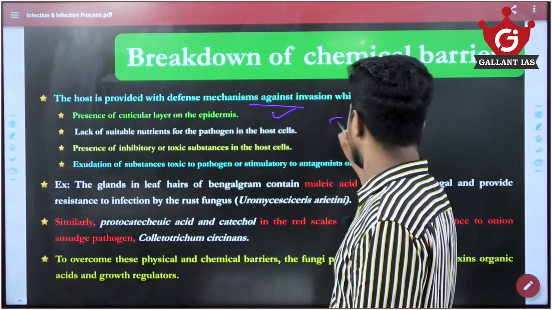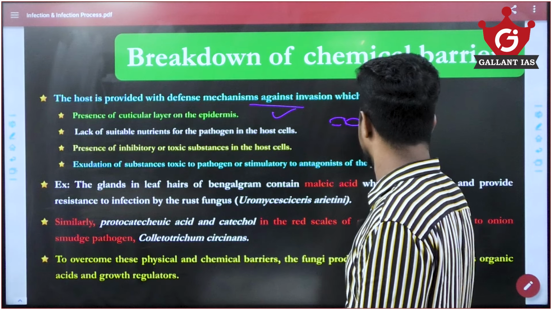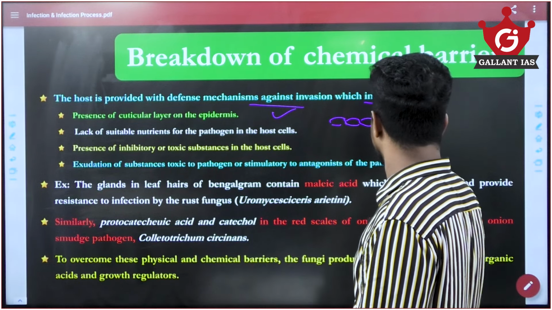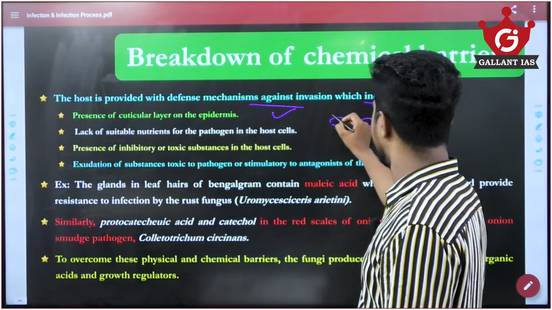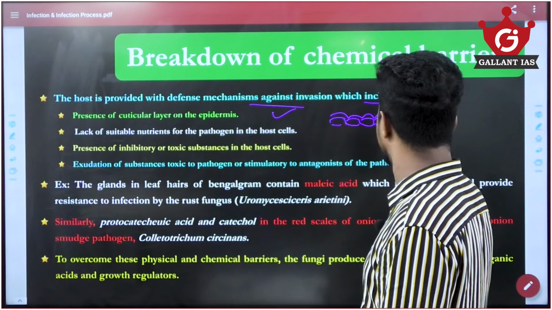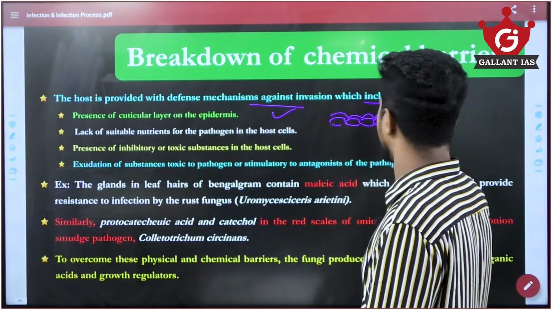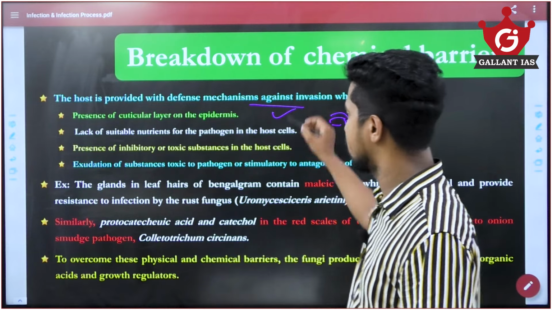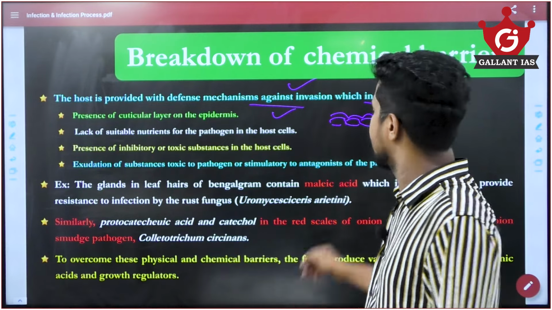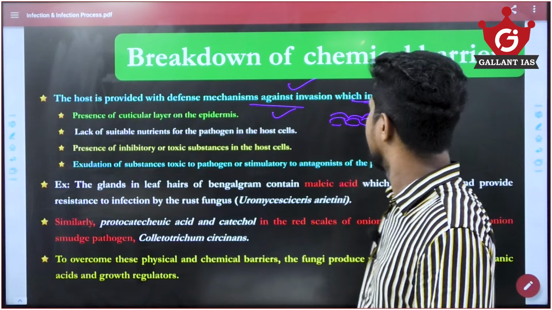As we all know, if this is the epidermis, on top of the epidermis it has the cuticle. The host is provided with defense mechanisms against invasion, which include the presence of a cuticular layer on the epidermis.